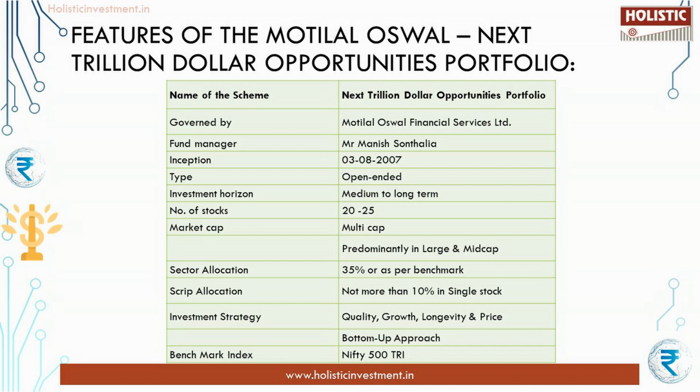You may also have noticed that the fund has a Nifty 500 TRI as its benchmark. This product predominantly invests in emerging large and mid-cap stocks. Its investment strategy aims to invest in focused companies which are part of the next $1 trillion GDP growth opportunity.